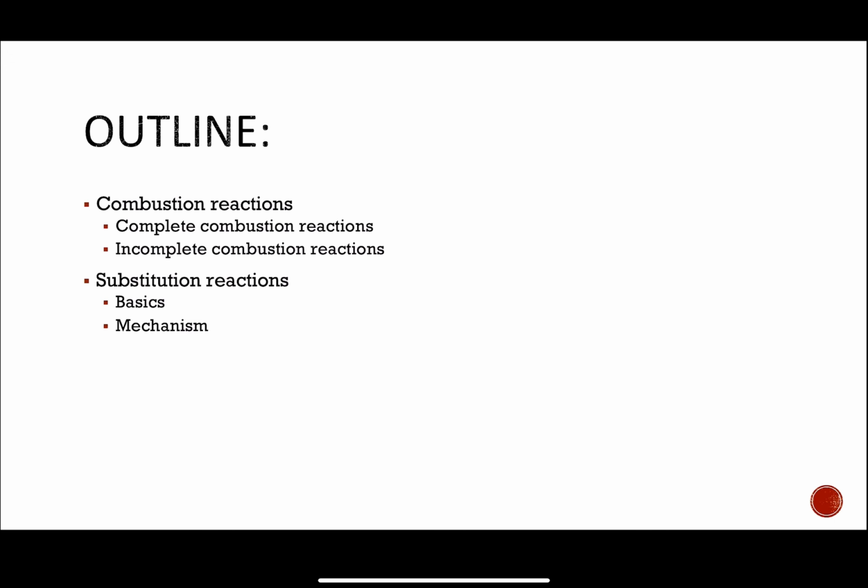Here in brackets we have the complete combustion reaction, and we can see that butane requires 13 oxygen molecules to be completely burned. And yes, in reality we can't assume that there's always enough oxygen supply to burn the fuel completely. And that's why incomplete combustion reactions also take place.